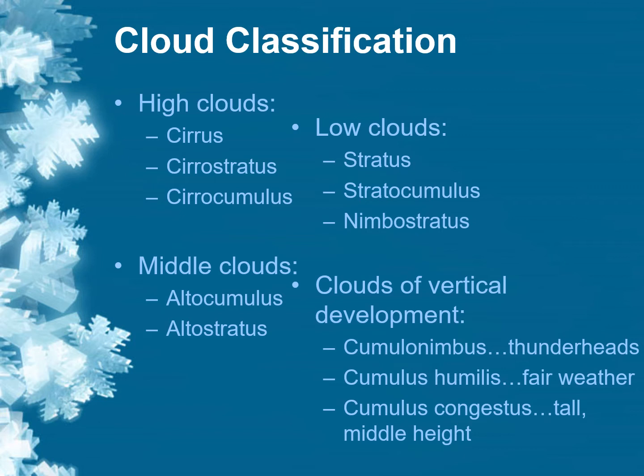Cumulus congestus occur when the cumulus humilis clouds are continuing to grow. In other words, you have some kind of instability in the atmosphere, so the air, moisture-laden air, can rise to higher and higher heights. So they tend to be taller than the cumulus humilis clouds.